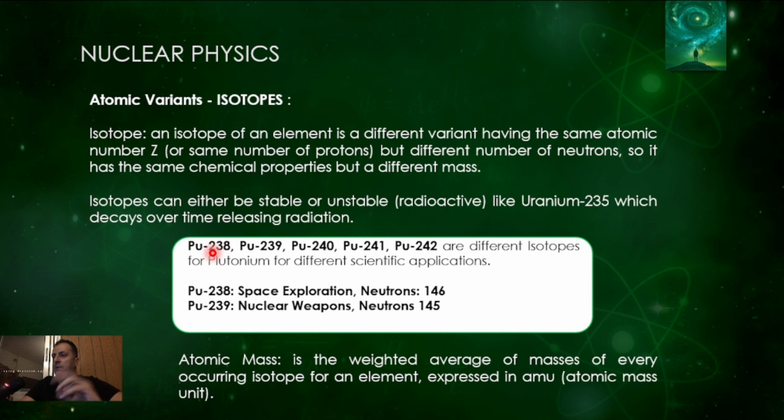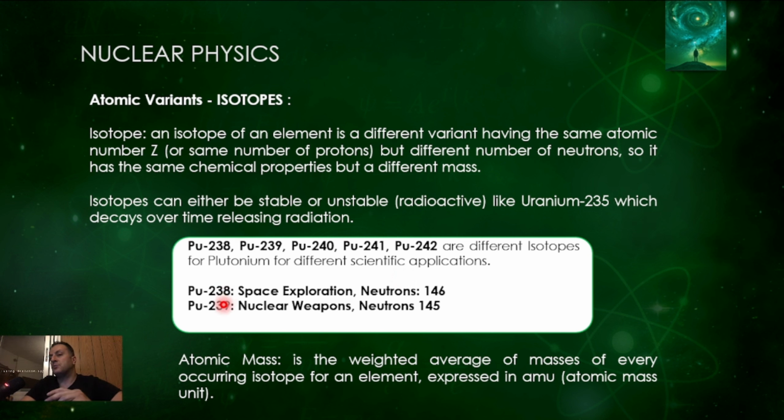Okay. Now, another example, you have plutonium-239. We're talking about the mass number. 240 all the way to 242 are different isotopes of the same plutonium element, and they are tweaked or altered for different scientific applications. Actually, you have a human hand in these different plutonium versions, and it's not innate in nature.